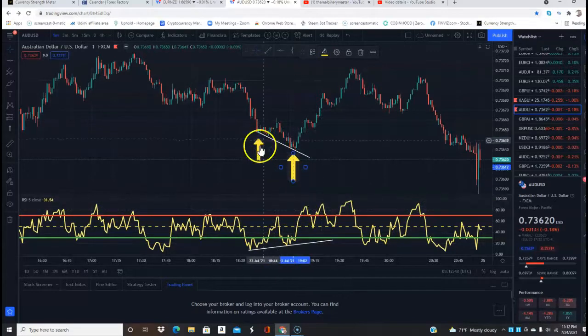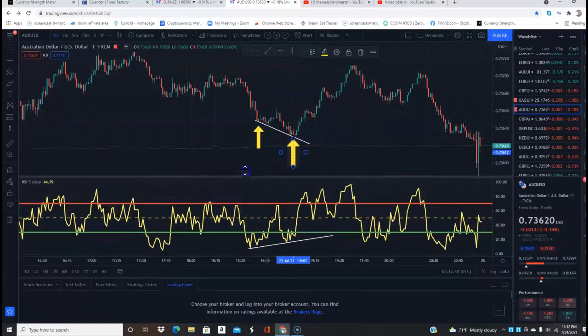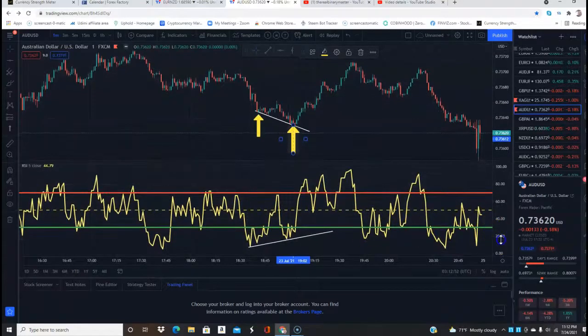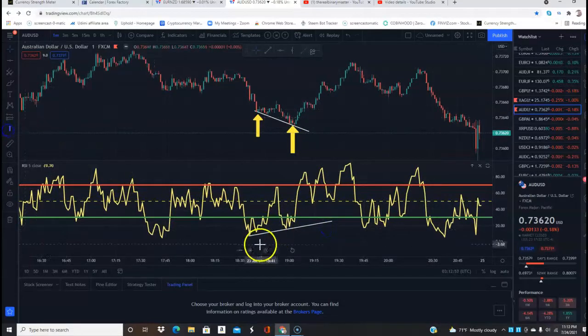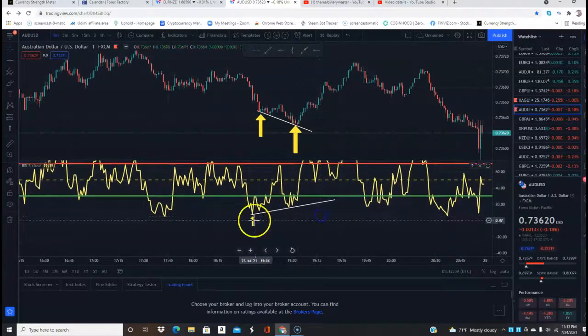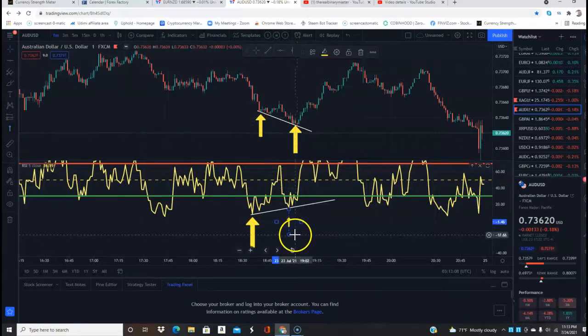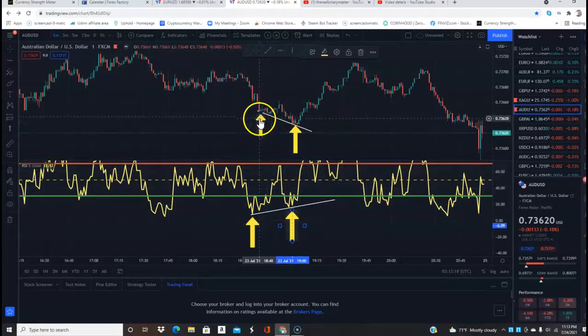So now we're looking at the RSI, and we can see the same exact area where on price action we created a lower low and then a higher low.